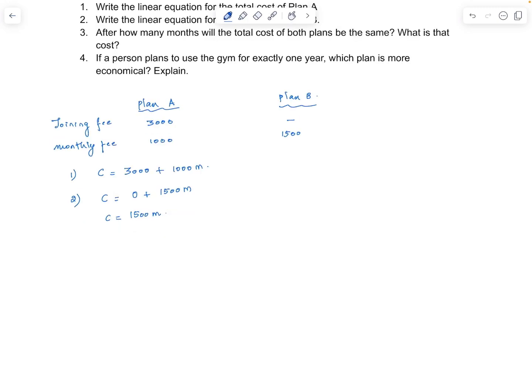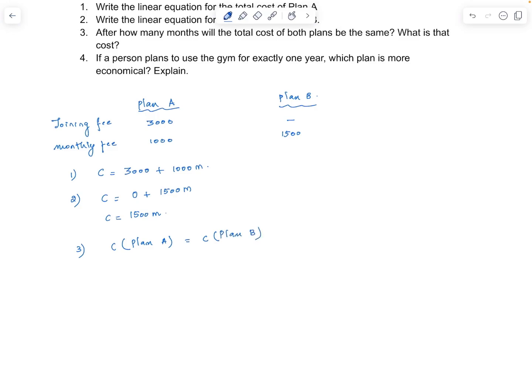Question number 3. After how many months will the total cost of both the plans be the same and what is that cost? The cost of Plan A and the cost of Plan B is equal after some number of months.